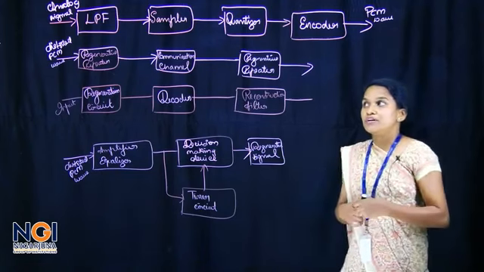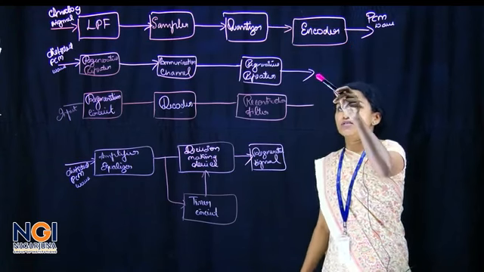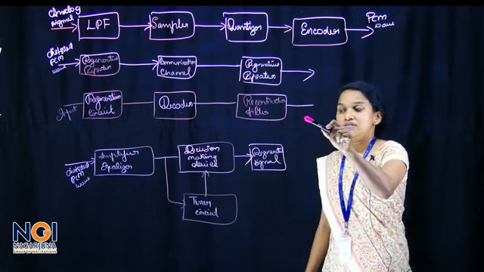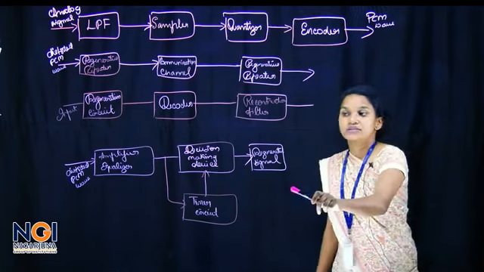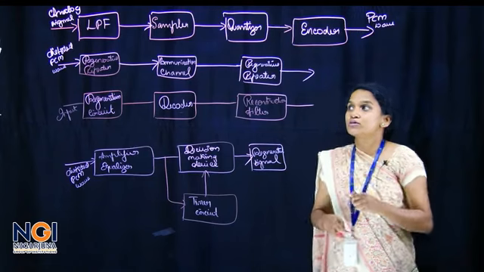Here we have the first block diagram with a transmitter, then the transmission channel, then the receiver part, then a regeneration circuit. We'll explain the transmitter part now.